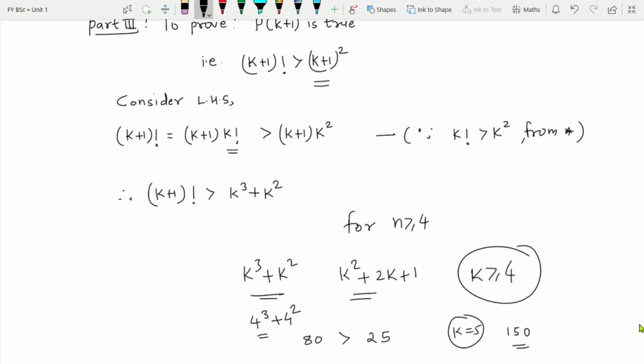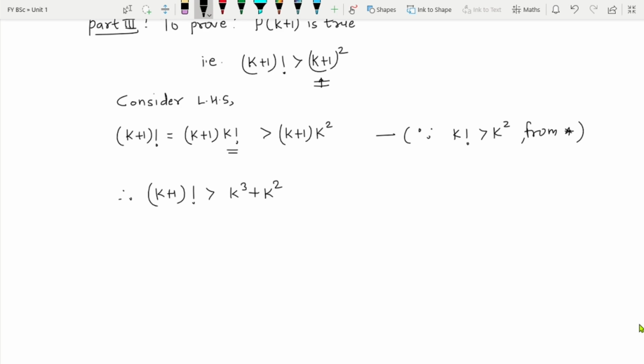So one can easily see that 150 is greater than 36. You can check it for any value of k greater or equal to 4. So observe that k cube plus k square is greater than k plus 1 whole square for all k greater or equal to 4. I will call the earlier inequality 1 and this one 2.